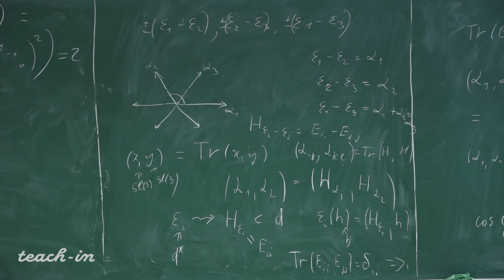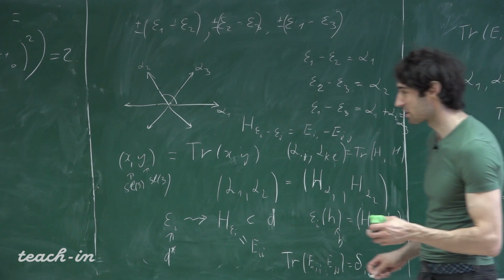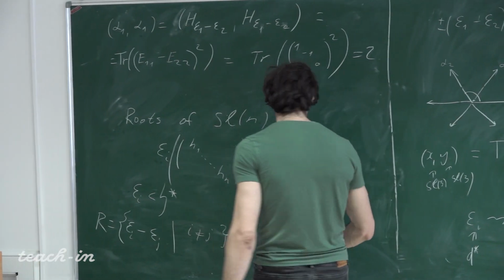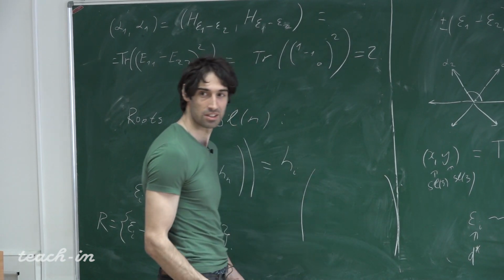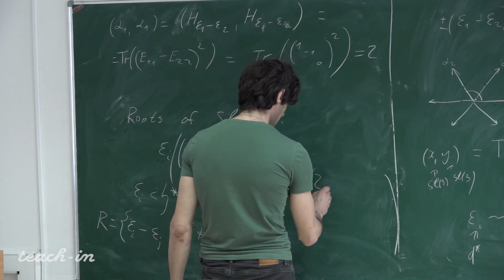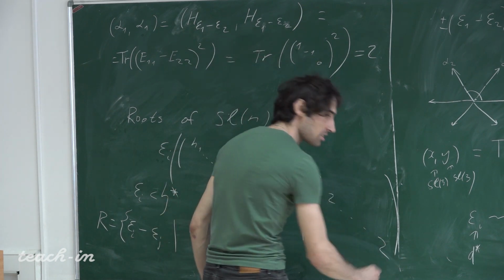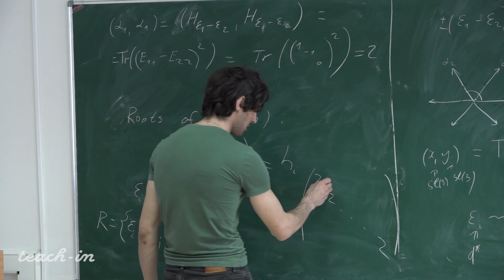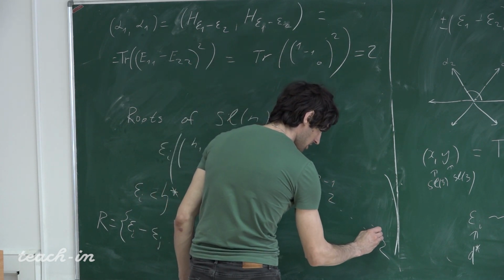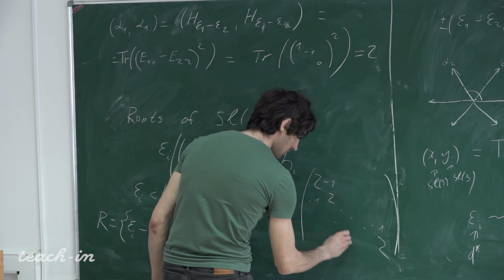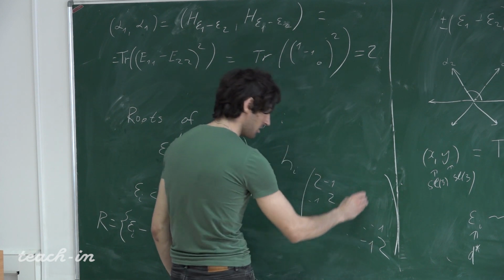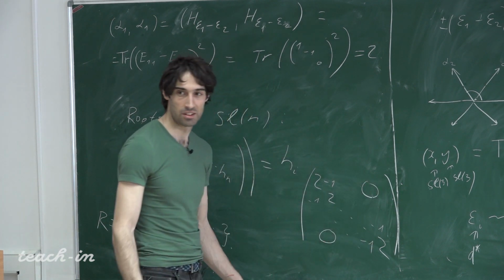The answer is given in the following matrix: 2 on the diagonal, -1s on the subdiagonals, and zeros everywhere else.